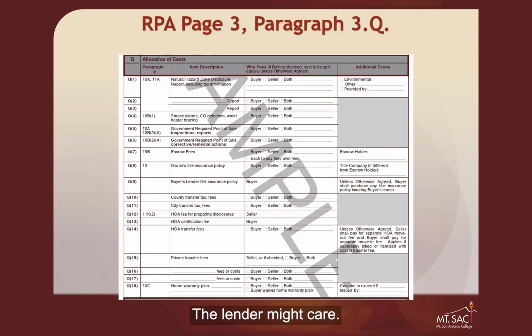The lender might care. Lenders sometimes will pick up buyer pays and add them to a loan condition. And now the buyer has to pay for it because they can't get the loan if they don't. So as a general rule, the only box I'm checking is seller, okay? We have a new box for escrow. We'll get to it in a second, all right?